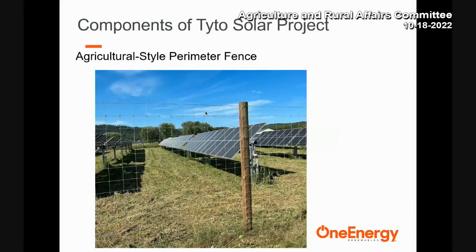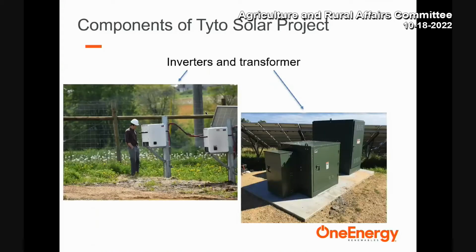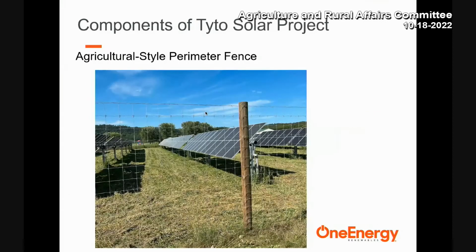We're proposing an ag-style perimeter fence, similar to what's shown in the photo here, and is used at O'Brien Fields as well. I guess one other comment on that perimeter fence, we are in conversations with a sheep grazer about possibly planting the site to pasture grass, and then grazing that with sheep.